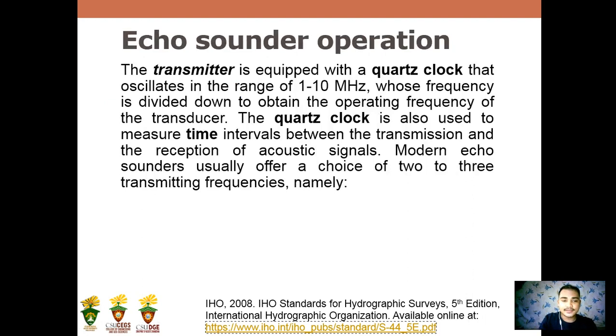So let us discuss more about transmitter. The transmitter is being equipped with a quartz clock that oscillates in the range of 1 to 10 MHz, whose frequency is divided down to obtain the operating frequency of the transducer.